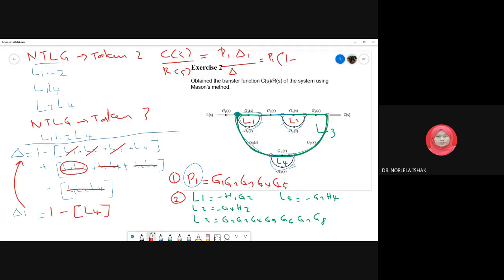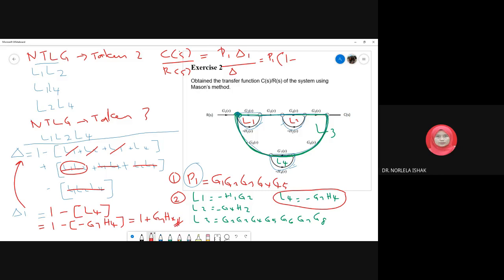What is L4? Minus, right? Be careful with the polarity or with the sign. P1 meaning here is 1 minus L4. L4 minus G7 H4. So ini akan sama dengan 1 plus G7H4. Yeah, good. Okay, you can get this one.